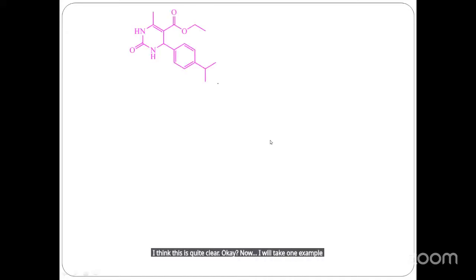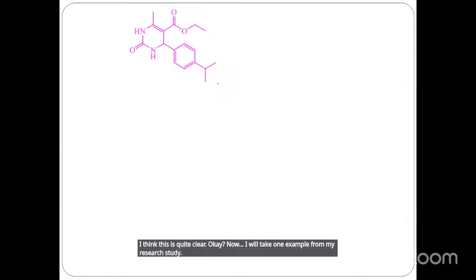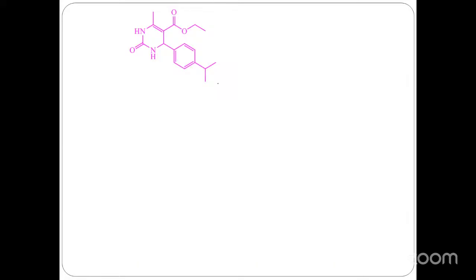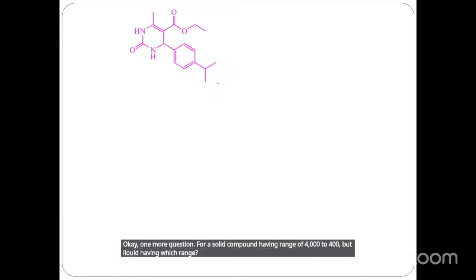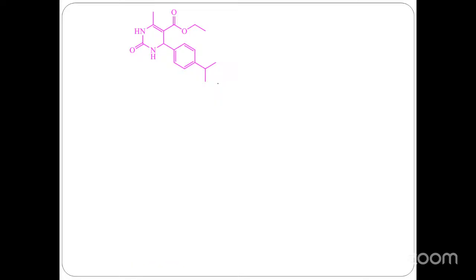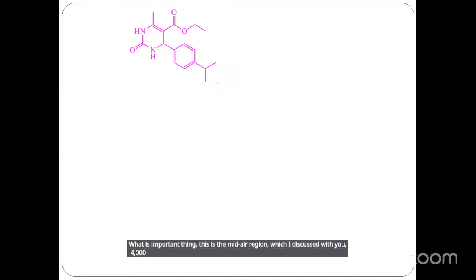Okay. Now, I will take one example from my research study. One more question: for a solid compound the range is 4000 to 400, but for a liquid which range? What is the important thing? This is the mid IR region, which I discussed with you, 4000 to 400.